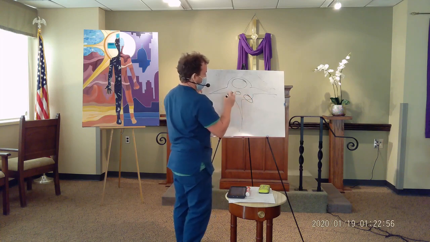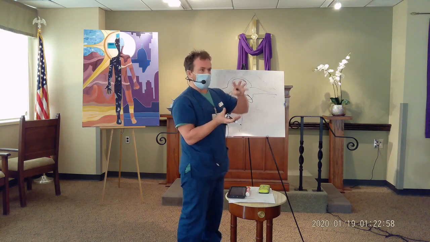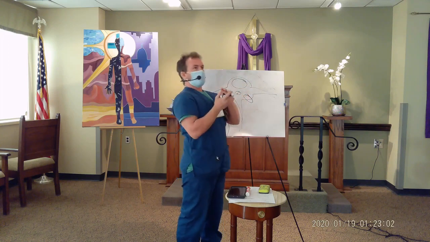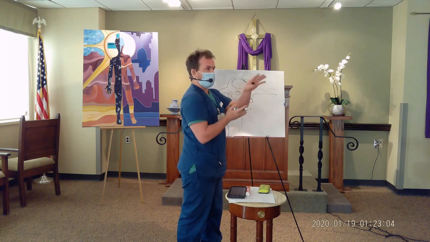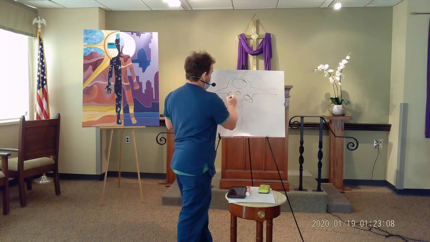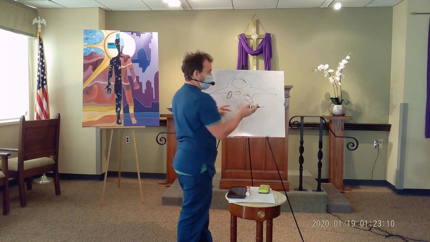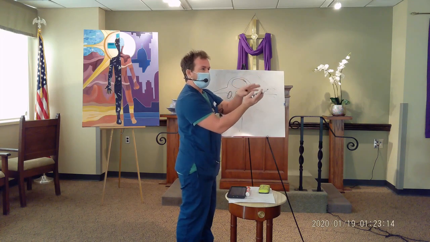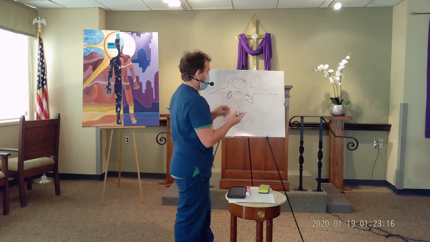outcroppings. When these discs and when these vertebrae are stacked on top of each other, to have good spinal movement, they slide on one another. Normally there's cartilage in these areas right here where they're stacked, which allows for good fluid movement, side-to-side movement and forward and backwards movement.